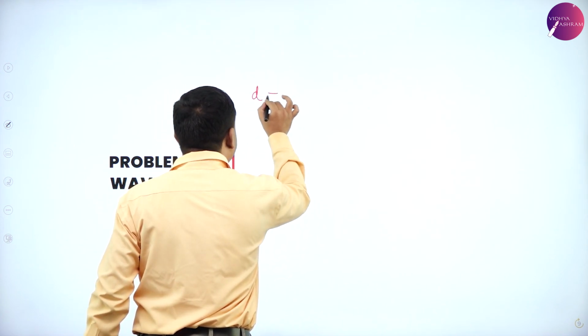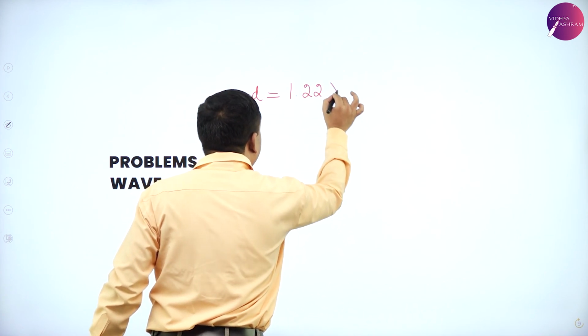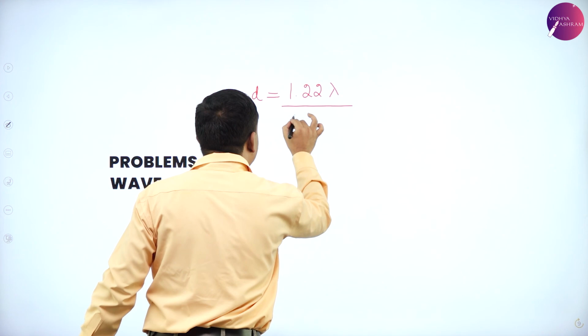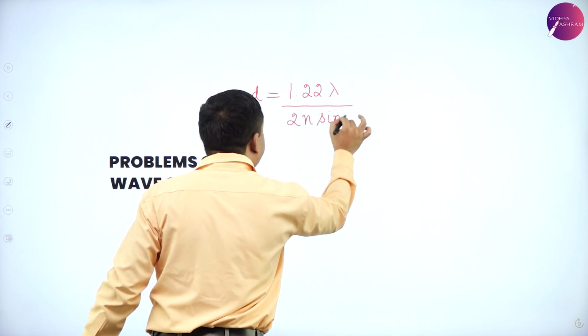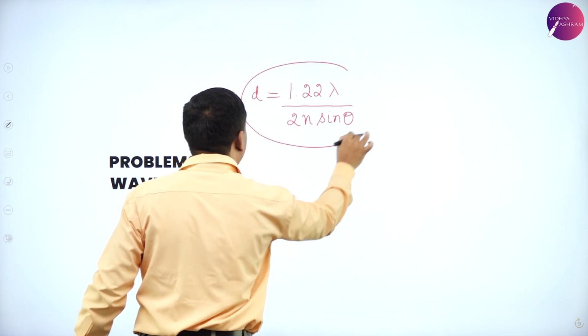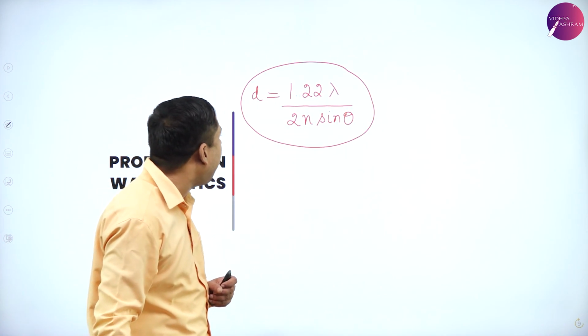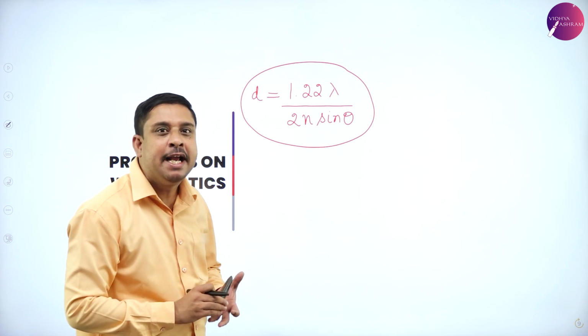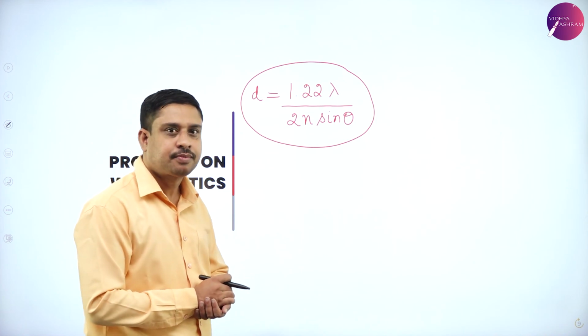For luminous point objects, limit of resolution is given by the formula 1.22 lambda divided by 2n sin theta.